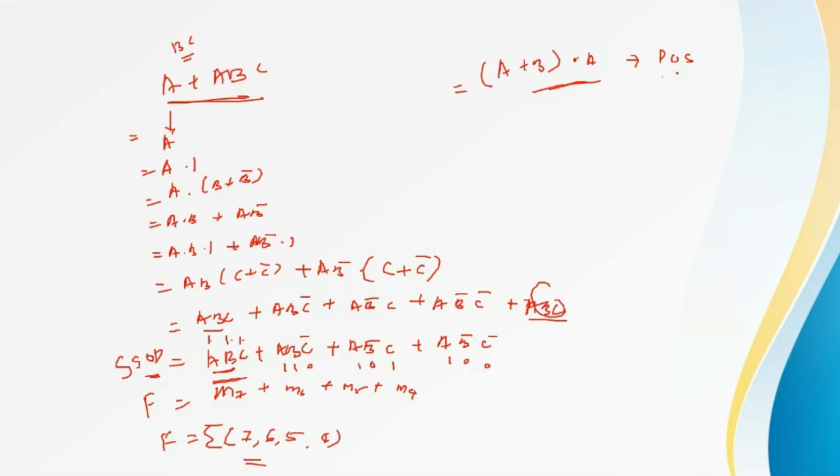So A plus 0, plus 0, and that 0 we are writing as B bar, right?